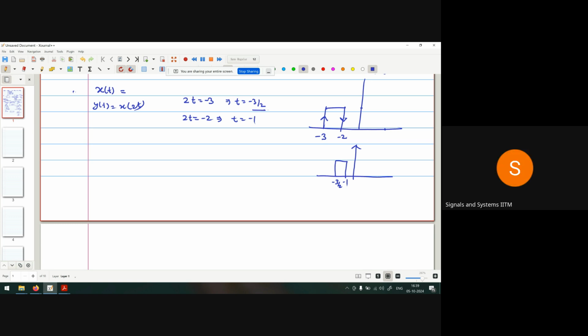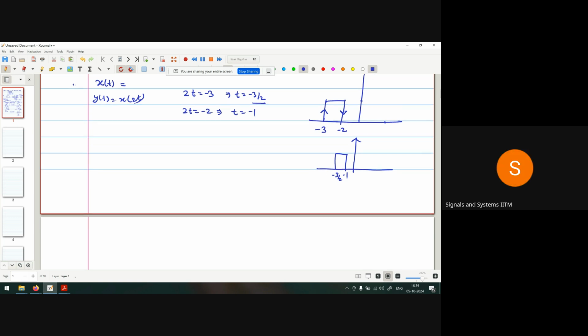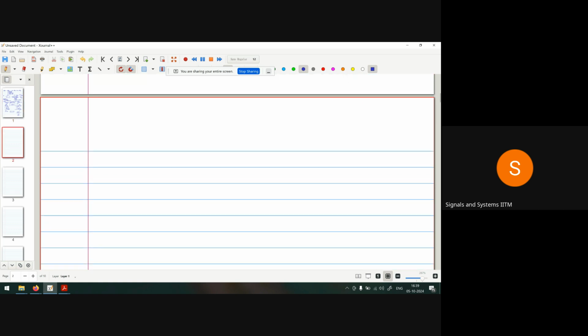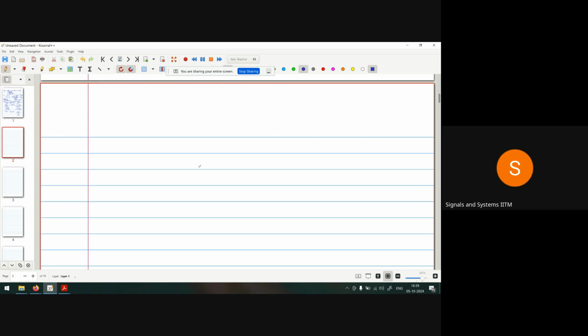Any other doubts? Okay. Now in a similar way, let me draw a signal; the signal can be of any type. Like -3, -2, -1, 0, and 4.